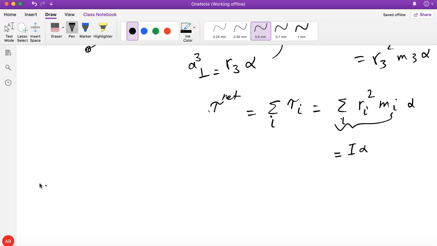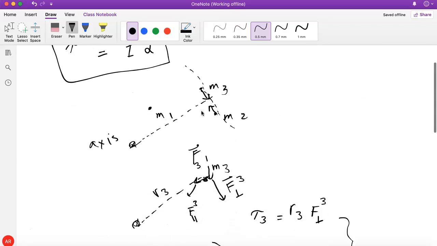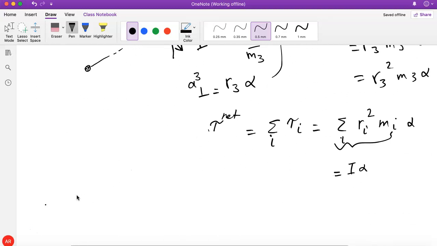So the moment of inertia, angular acceleration, and angular velocity were defined in a way so that they serve as counterparts of mass and force and velocity and acceleration. All right, so that's our main equation that we derived now and mentioned last time.